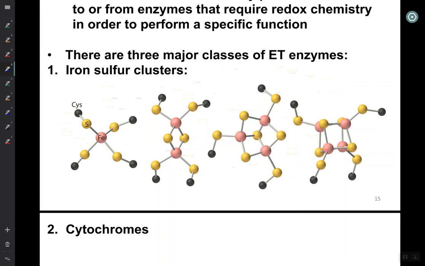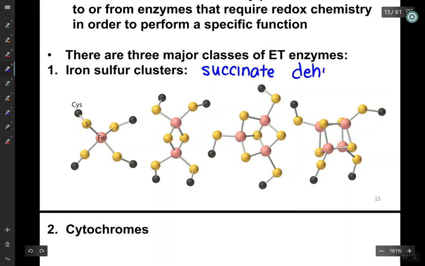They are found in, for example, succinate dehydrogenase or aconitase. And these protein names probably sound familiar because they come from the TCA cycle.